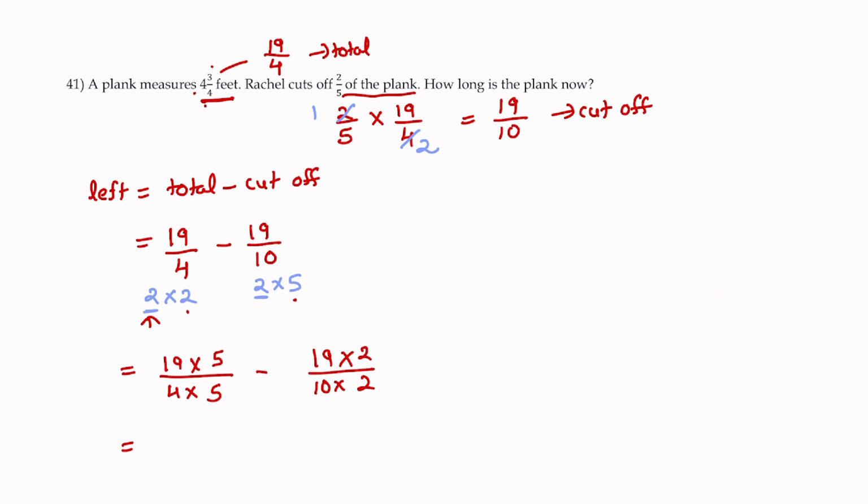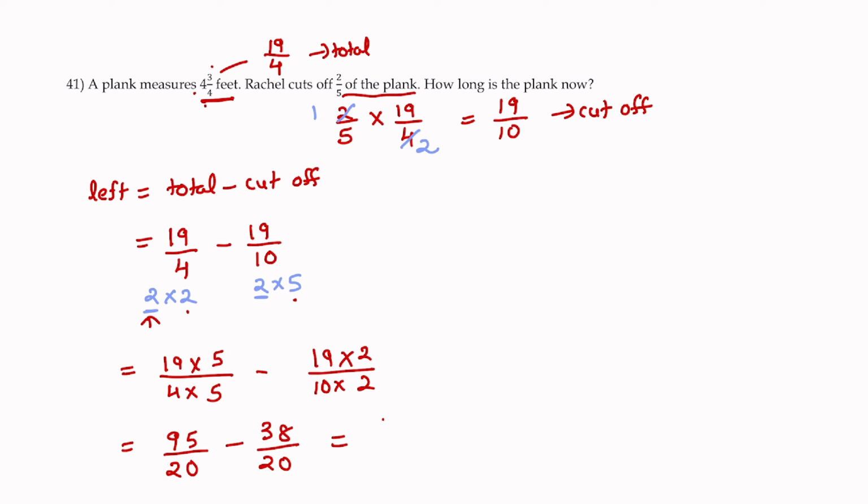And 19 times 5 is 95 upon 20 minus 19 times 2 is 38 upon 20. And that is equal to 95 minus 38. So if you do counting by 10, that's 48, 58, 68, 78, 88. That's 50. And 88 to 95 is 7.